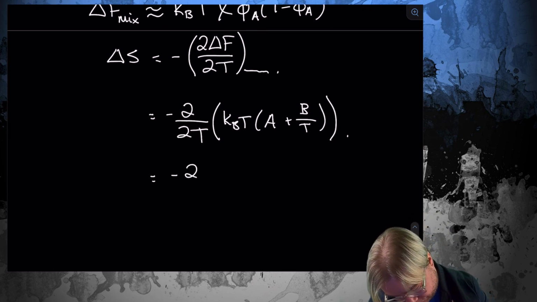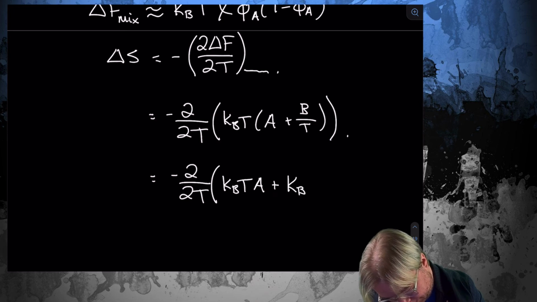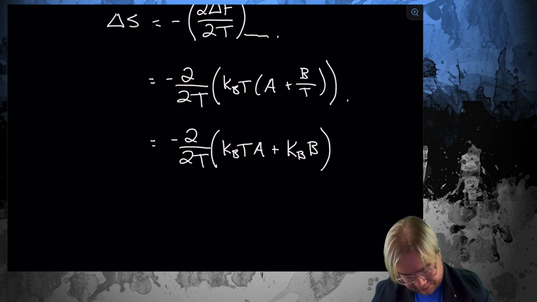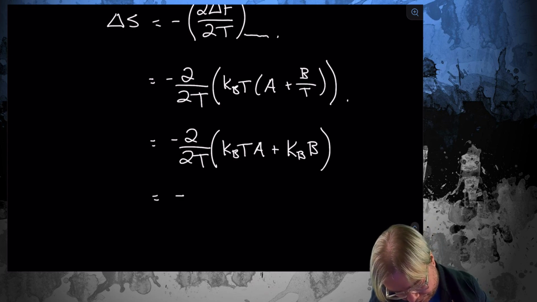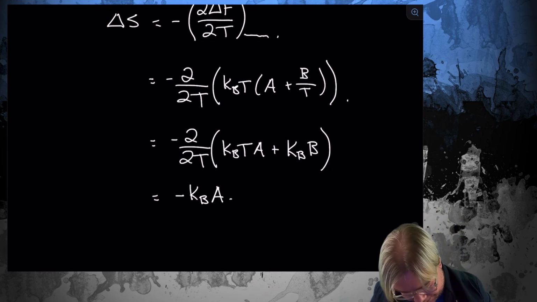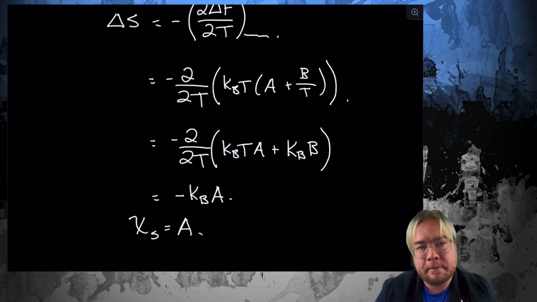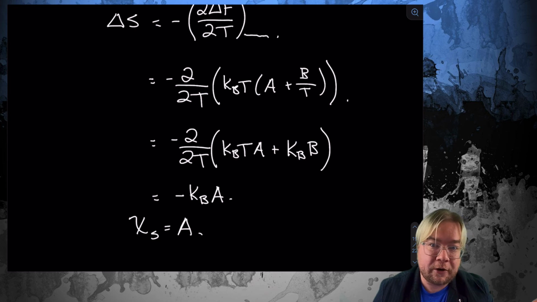So minus the derivative with respect to temperature of kBT times A plus kB times B. And I think you can see very clearly that this is just going to give you minus kB times A. So this means that the entropic part of chi is what we call A. Or A is what we call the entropic part of chi.